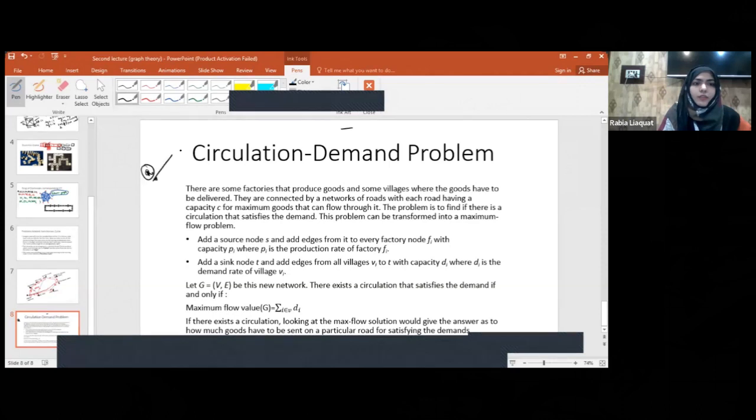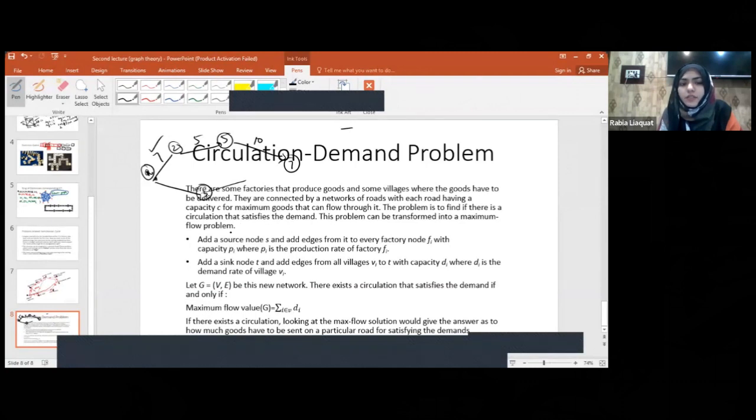Let me draw first. So these are the capacities 7, 5, I think 10. These are capacities. So if there is a road having a capacity C for the maximum goods that can flow through it, the problem is to find if there is a circulation that satisfies the demand.